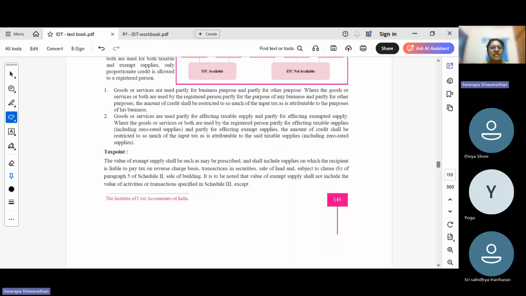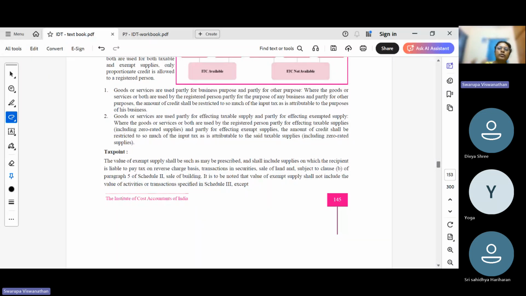If it is used for personal purpose, you cannot take credit. For example, if you use a laptop for both personal and business purposes, we are supposed to take proportionate credit.